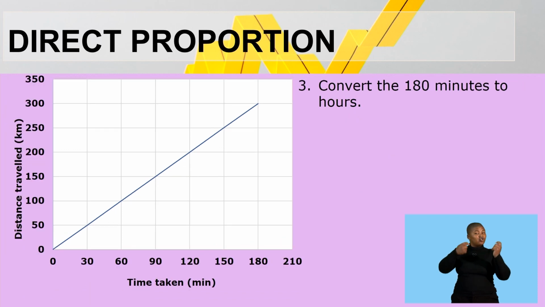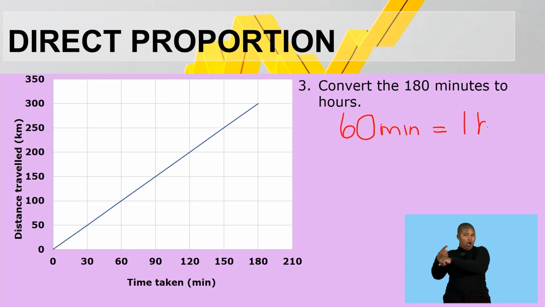Convert 180 minutes to hours. Now remember, there are 60 minutes in 1 hour.